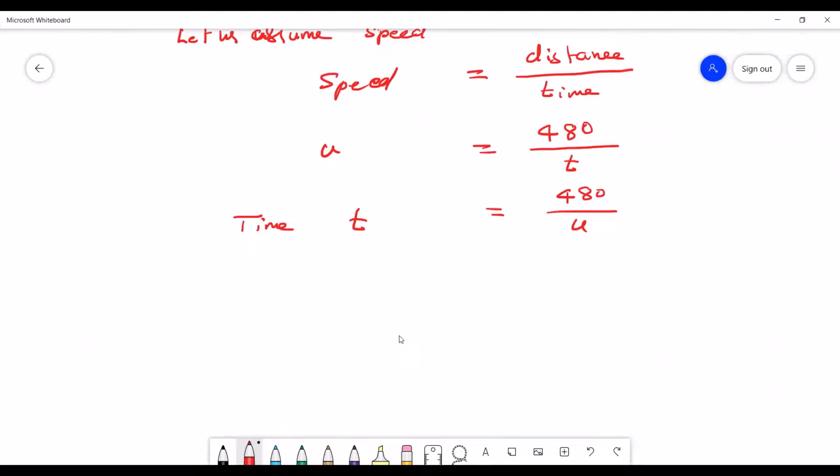Then what else is happening is that the speed is reducing. How much? 8 kilometers per hour.